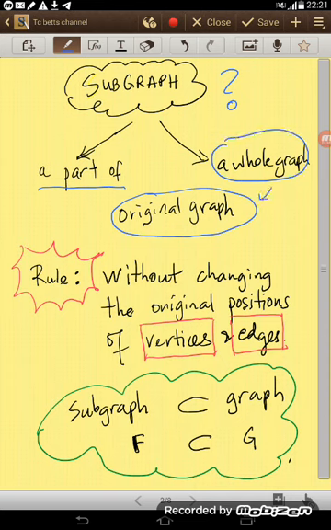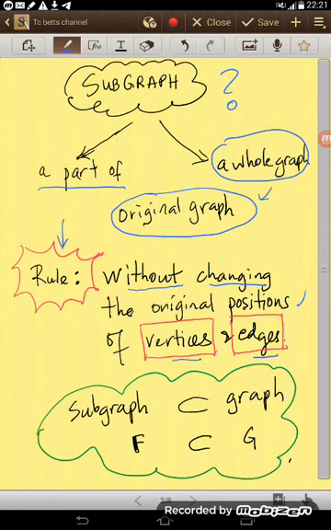It follows only one rule, that is the subgraph must be without changing the original position of vertices and edges.